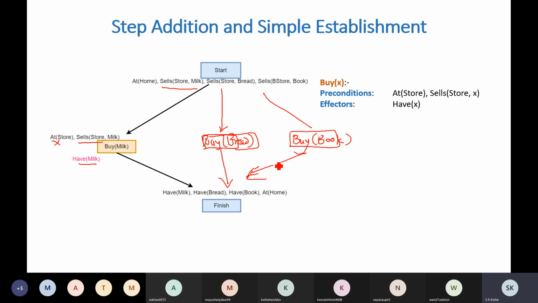We are trying to prove the goal now, satisfy the goals, and we are going to prepare a plan space plan, a partial plan solution for that. Now, for buying bread, the precondition is the store should sell bread. Yes, that is true. Another precondition is the robot should be at the store, which is not true. So one is satisfied, another one is not.